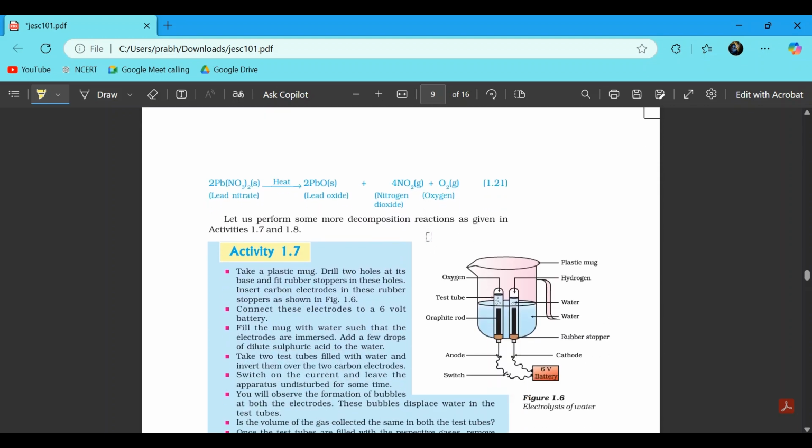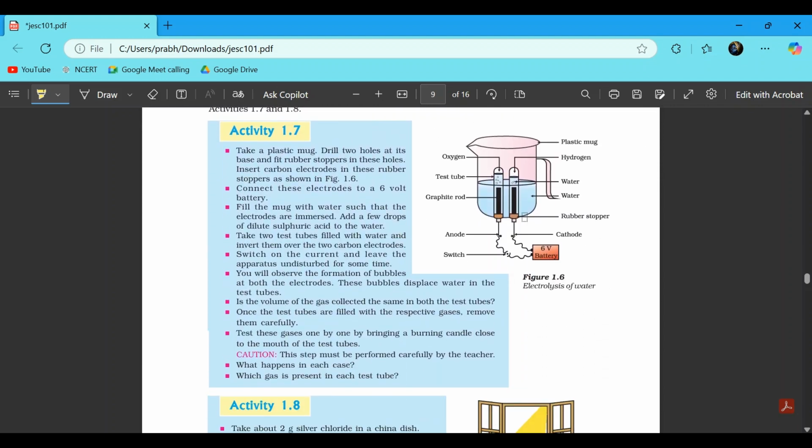And then here is the whole setup of electrolysis of water. In electrolysis of water, two or three important questions come, like what is happening at the anode portion and what is happening at the cathode portion.